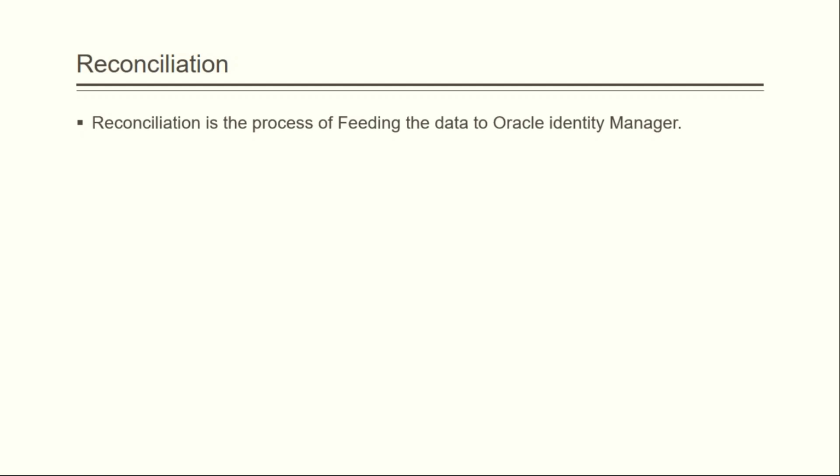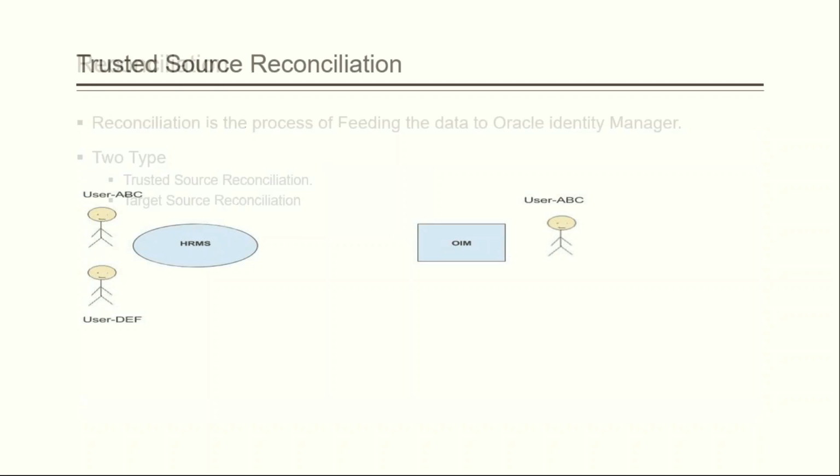Basically there are two kinds of reconciliation: one is trusted source reconciliation and the other is target source reconciliation. I will explain what a trusted source and a target source reconciliation are.